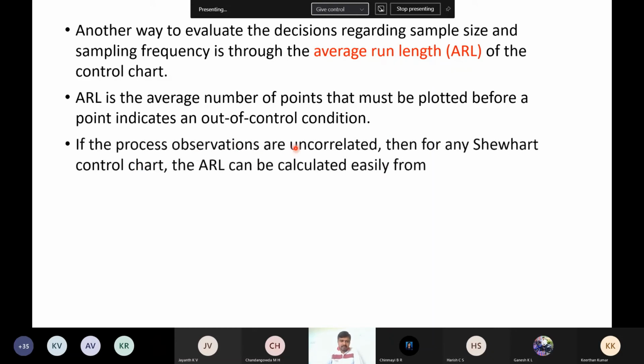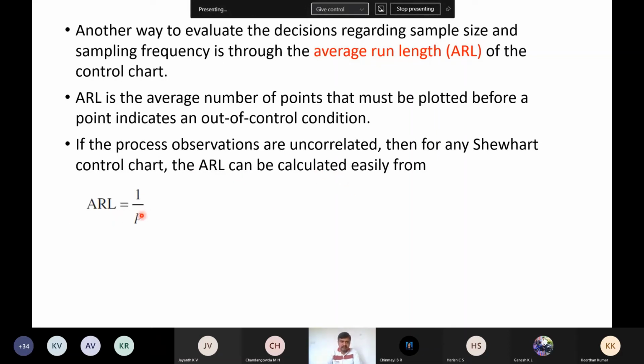If the process observations are uncorrelated, and in the previous session we discussed the meaning of correlated, autocorrelated and stationary, then for any Shewhart control chart, the average run length can be calculated easily from this equation.